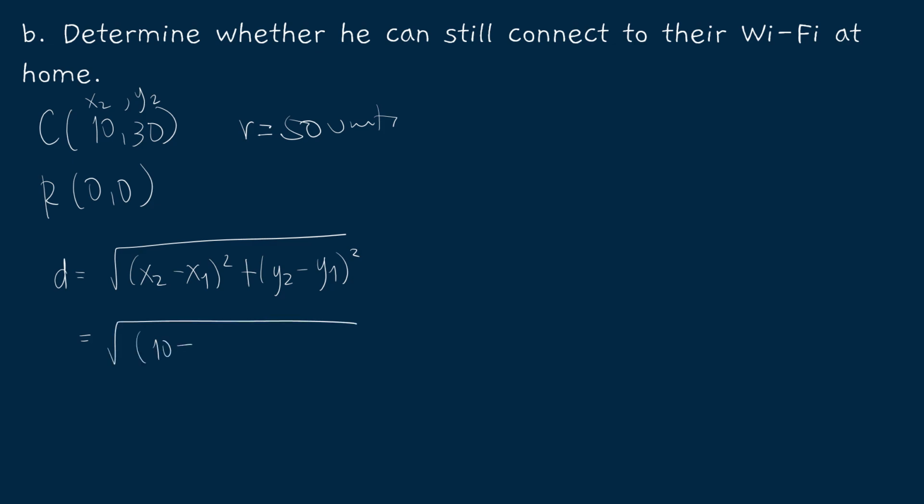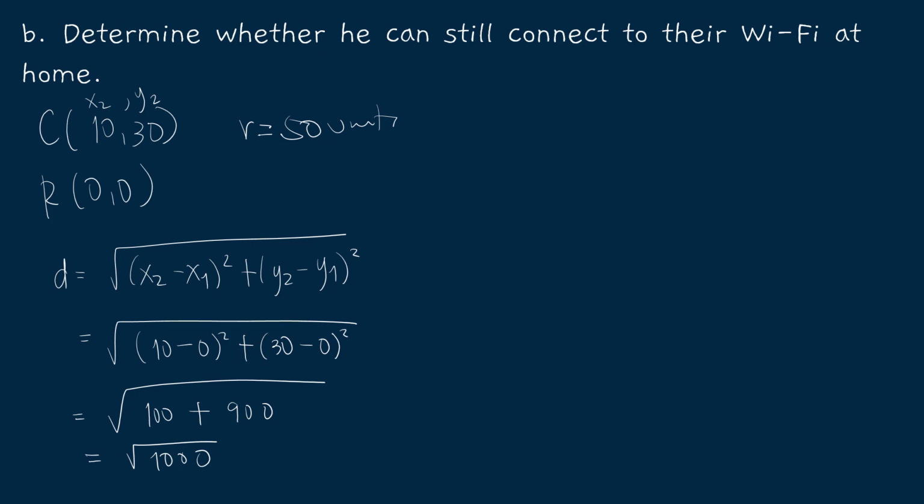So it will result into the square root of (10 minus 0) squared plus (30 minus 0) squared. Simplifying, 10 minus 0 is 10, squared is 100, plus 30 minus 0 squared is 900. If you add it, it will result into 1,000. And the square root of 1,000 is in decimal format.